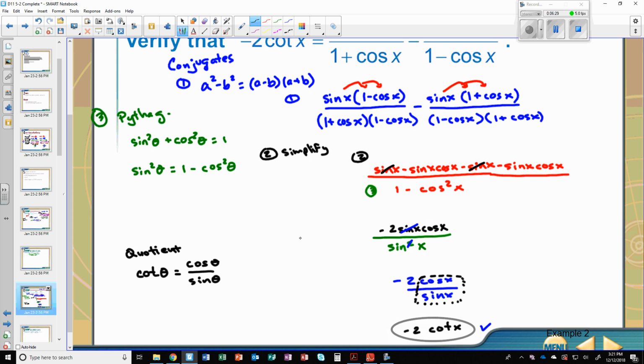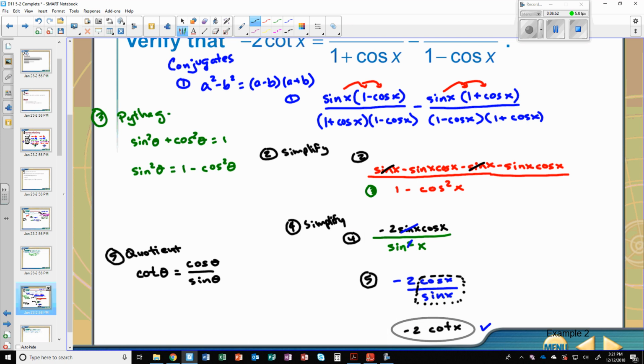Then we came over here, and again, I did another simplification. That was the fourth thing we did, and so that's step 4 here. And then the fifth thing is we did the quotient identity. And that's what happened right here to get our answer.